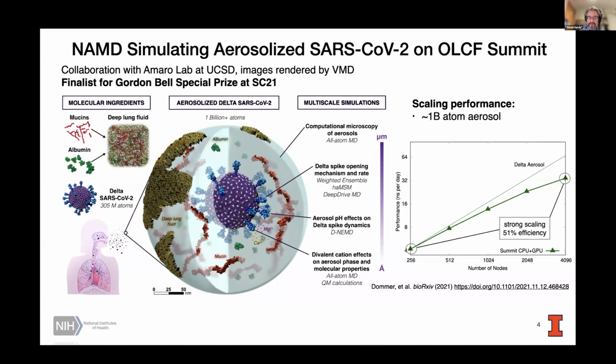This was really interesting. It effectively gave theoretical evidence that COVID was airborne, because we were able to create a stable simulation out of it. And again, we scaled this across 4,096 nodes of Summit.